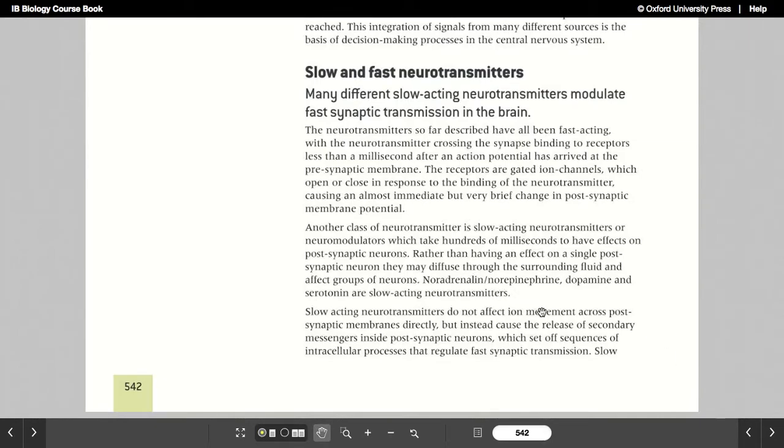Slow-acting neurotransmitters are norepinephrine, dopamine, and serotonin. And so their effect is longer lasting in the brain. Fast-acting neurotransmitters would be like acetylcholine. That's the one that activates your muscles to contract.